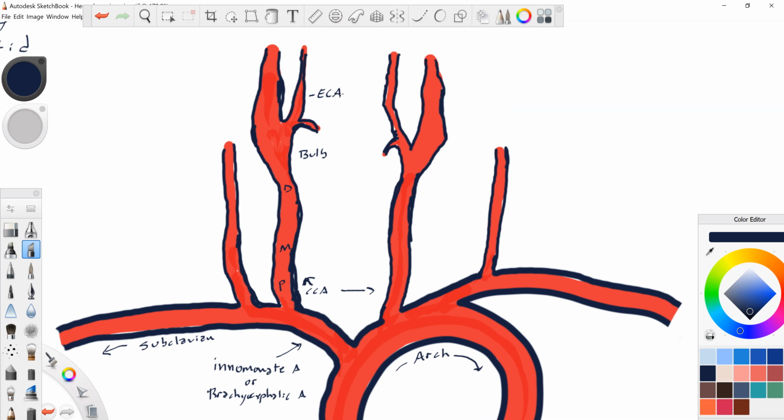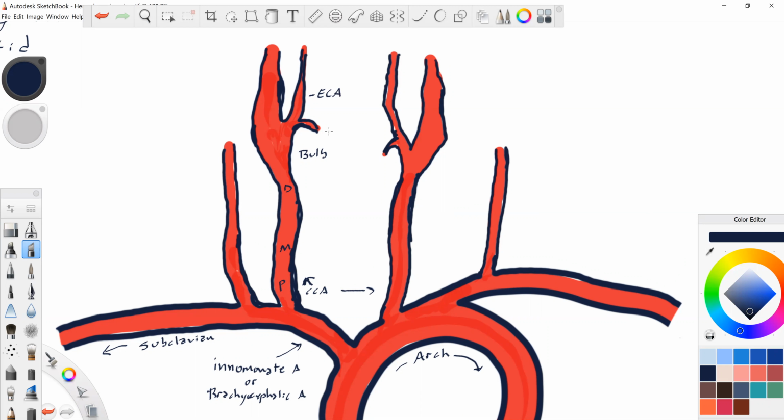And of course, it's usually more medial, which goes against what you would think. External, you would think it would be more external, but it's usually more medial. Can't use that alone to determine which is which. We have to look at other things such as the size, which I've clearly drawn differently.